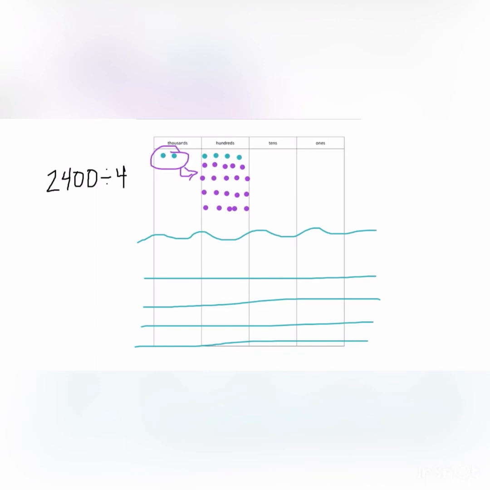So as I do this, I'm going to cross out my dots just so I can keep better track of them. 1, 2, 3, 4, 5, 6, 7, 8, and so on, up to 24.